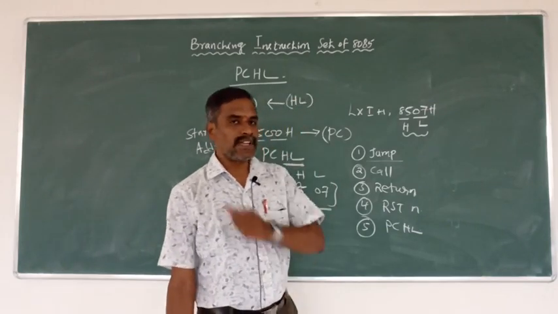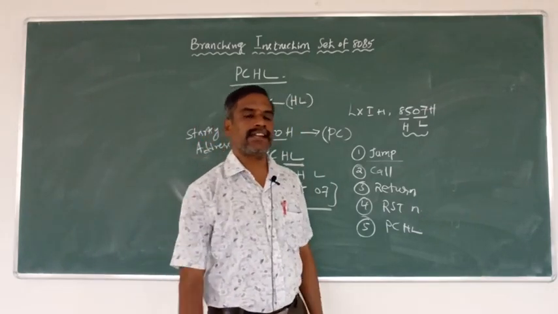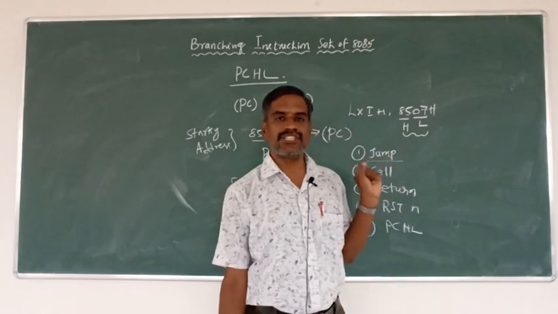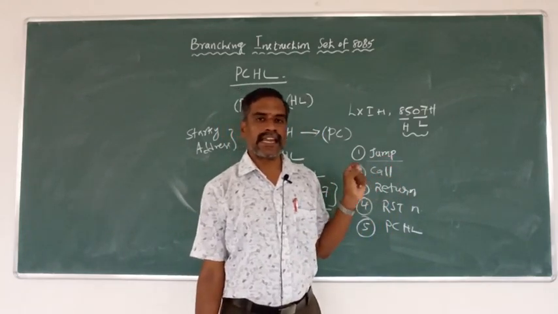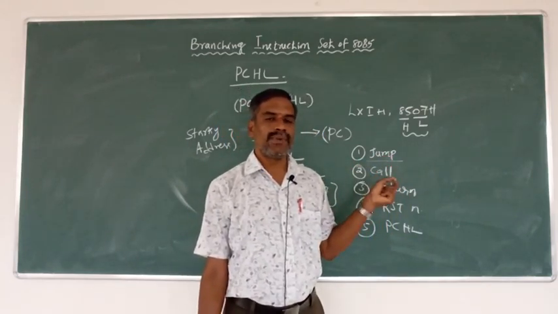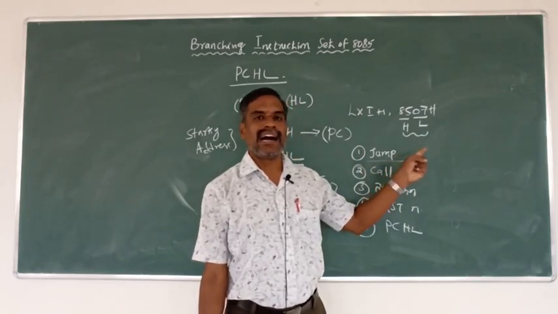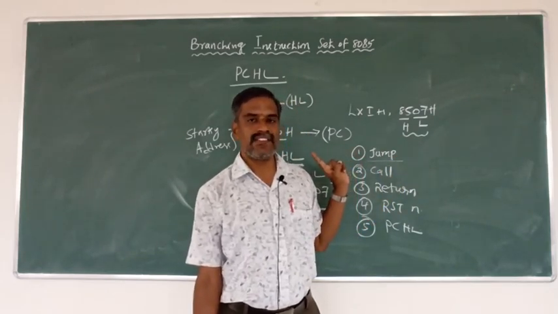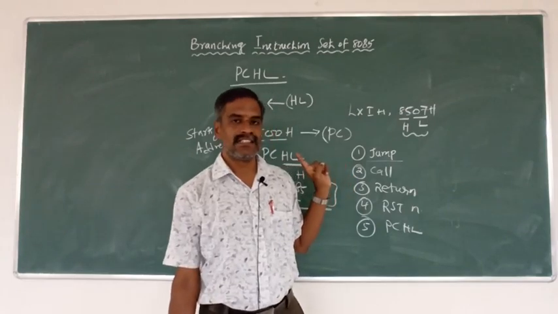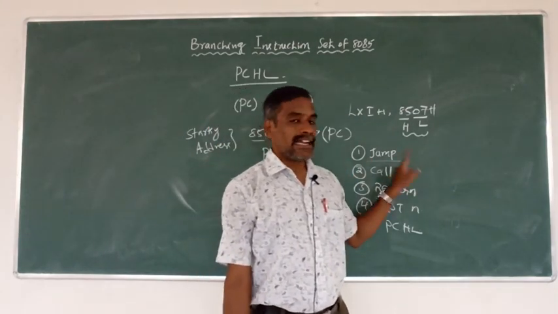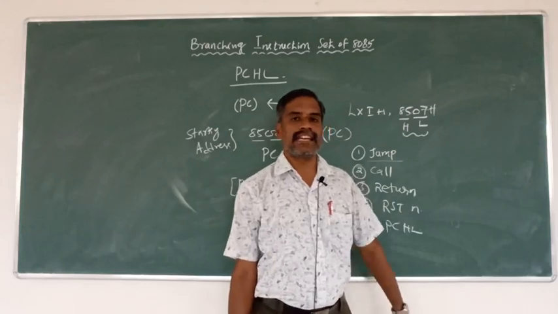The main difference is between conditional and unconditional. Unconditional means without any condition checking. Okay, it directly jumps, calls or returns to the given 16-bit address location. Conditional jump means it will check the condition.